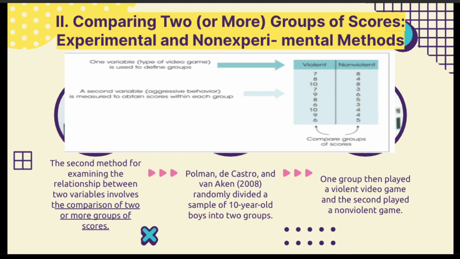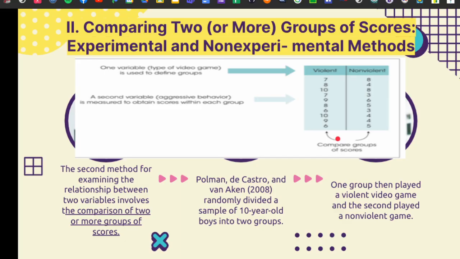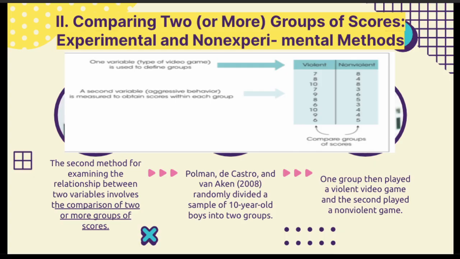So these are the results. The researchers compared the scores for the violent video group with the scores of the non-violent video group. In evaluating the relationship between variables, they compared the group scores. The values of one variable are used to define the groups, and the second variable is measured to obtain scores within each group.